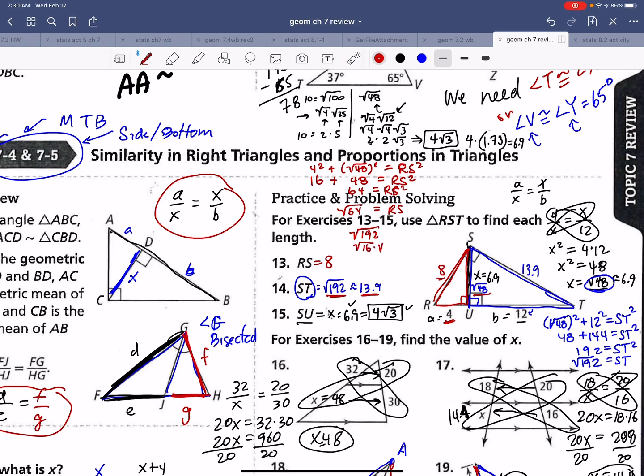So it's 16 times 12. And I'm going to keep breaking that apart because 12 is the square root of 4 times the square root of 3. So the square root of 16 is 4, and the square root of 4 is 2. So I end up getting 8 times the square root of 3. So 13.9 is the same thing as the square root of 192, and also the same thing as 8 times the square root of 3.